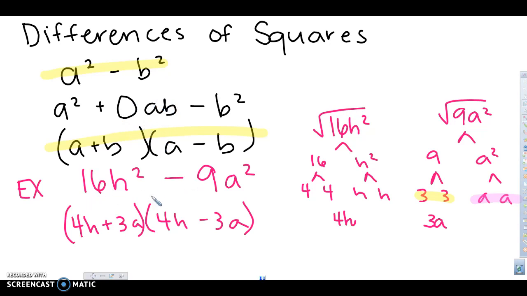And if you have something like this, where it's 16h squared and 9a squared, I'm not really wanting to multiply 16 and 9 together and then try to find the factors of whatever that is that sum to something else. So this is just an easy step to break it down. And if 16h squared is a big number, 9a squared is larger. If you don't want to do this all the time, we don't have to. So I'll show you on my next one.